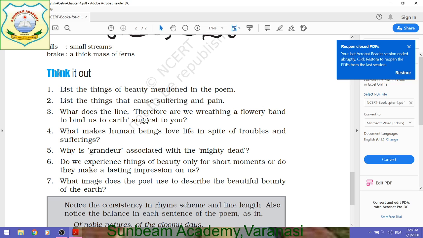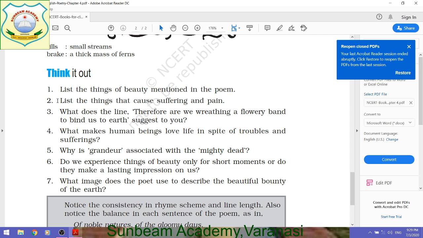And now students, see the second question. List the things that cause suffering and pain. Those examples we have also seen very clearly. It is mentioned in the poem. You need to underline those things, like that there are so many things that cause human suffering and pain which are mentioned in the poem.